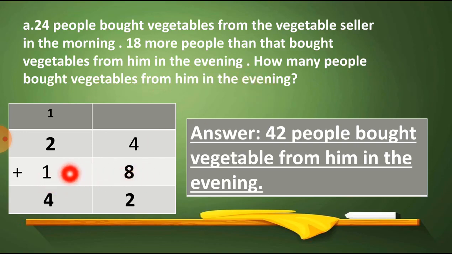Total, how many people bought the vegetables from the vegetable seller? So I have to add the numbers. This way the answer will come, which is 42, and in sentence form we have to write the answer this way. This way we have to write down the answer.